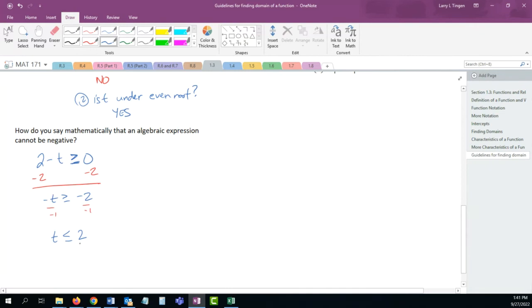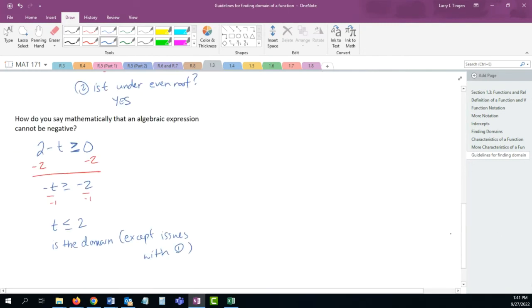When you deal with a variable under an even root, this is the domain, except for issues from step 1. In those top two problems, whenever I determine what makes the denominator 0, the answers to that question are not in the domain.